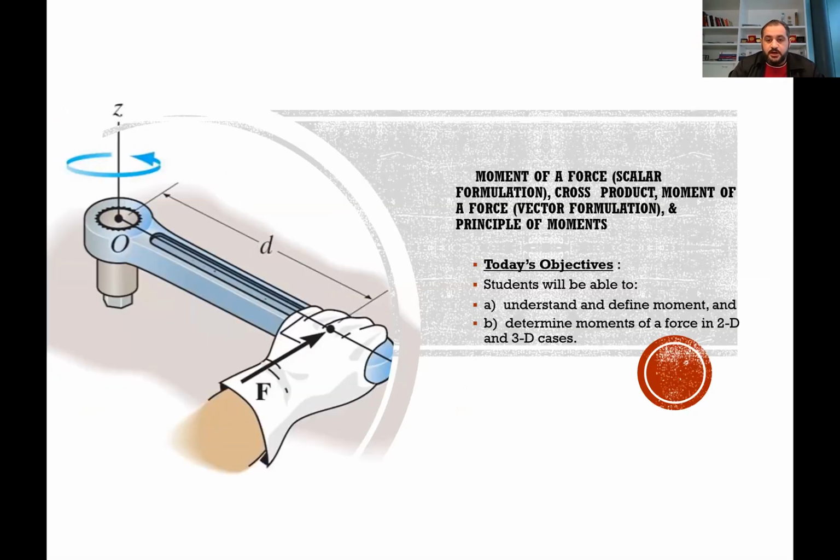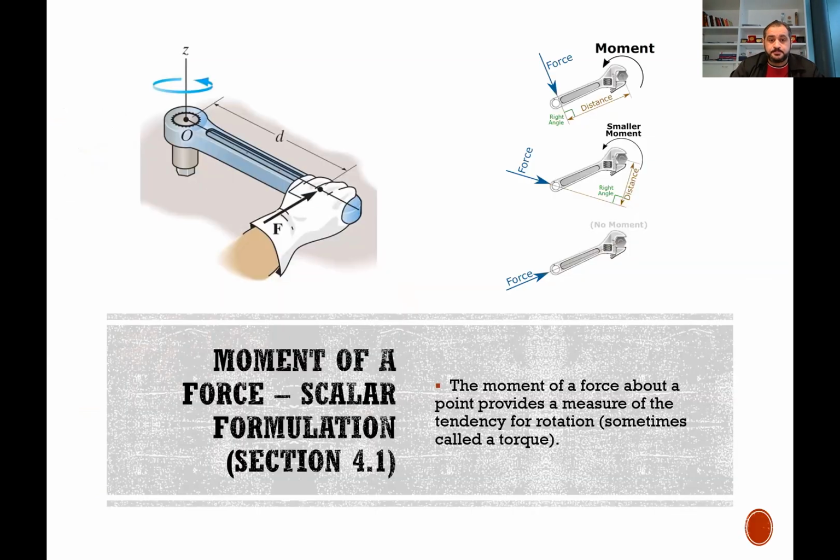So hopefully, after this short video presentation, we'll be able to understand and define the moment, and also to determine the moment of a force in 2D and 3D. The moment of a force about a point provides a measure of the tendency of rotation. It's not necessarily rotating, maybe it's already fixed.